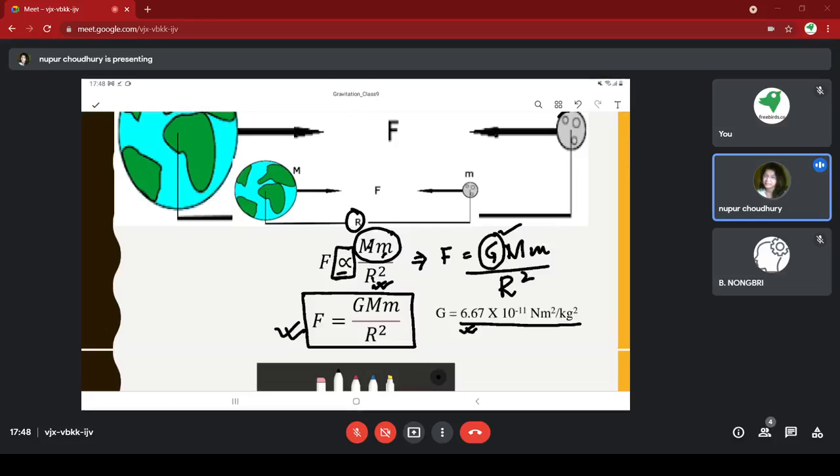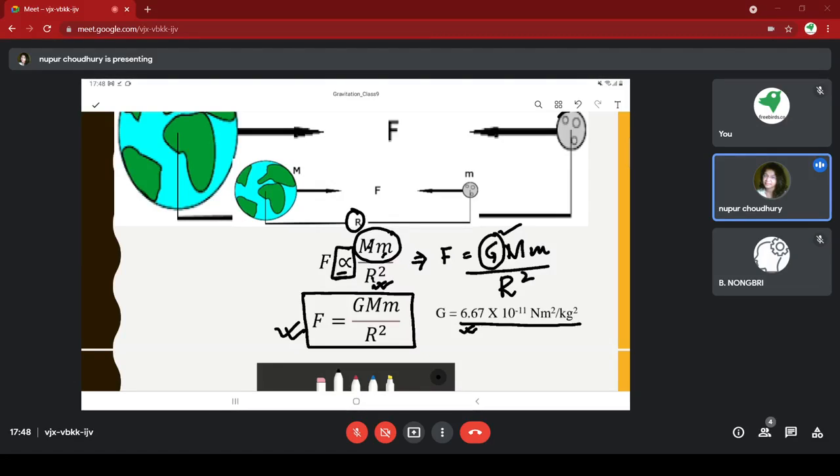The first point states that it will be directly proportional to the product of the masses, so I'll combine this mass along with this mass and take a product. The higher the mass of the object, the higher will be the gravitational force, and the more the distance, the lesser will be the force. So these two points we have to remember.